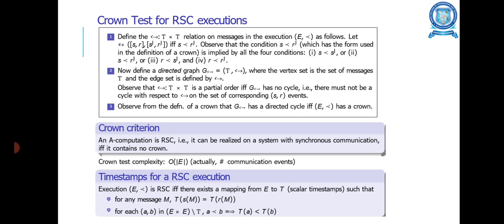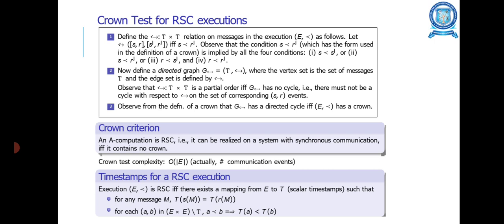Then the crown criterion: an asynchronous computation is RSC, that is it can be realized on a system with synchronous communication, if and only if it contains no crown. The crown test complexity is order of E, as communication events.